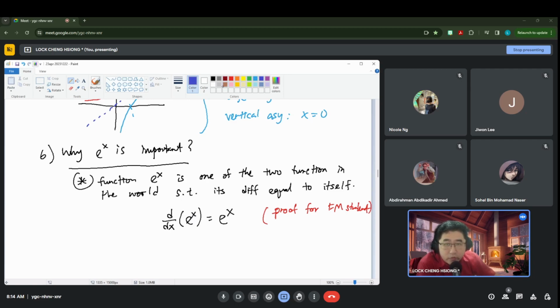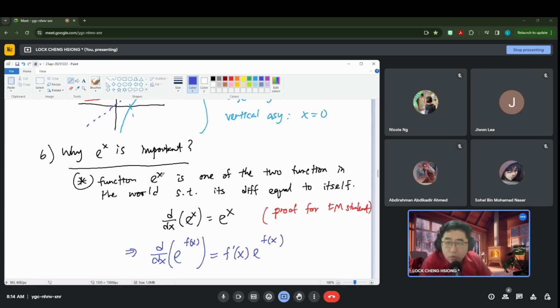The extension, the modification of it is: d/dx of e^f(x) equals f'(x) e^f(x). If you want, you can memorize this rule instead of this one. So this is why e is so important.